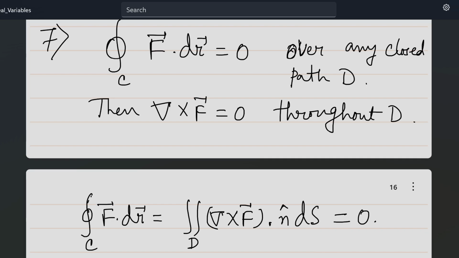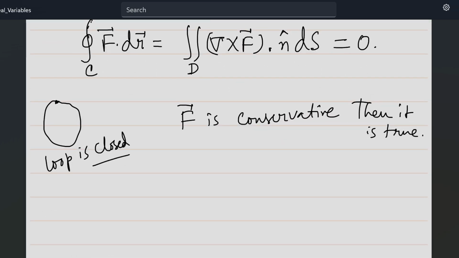But is it true always? If F is conservative, then it is true. But it does not mean that curl F is 0, na? This thing does not imply curl F is 0.